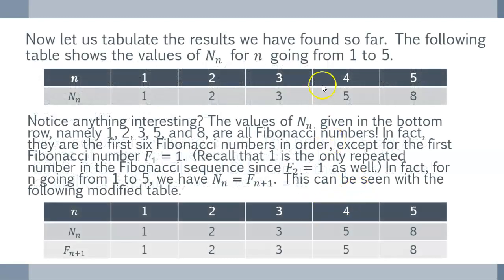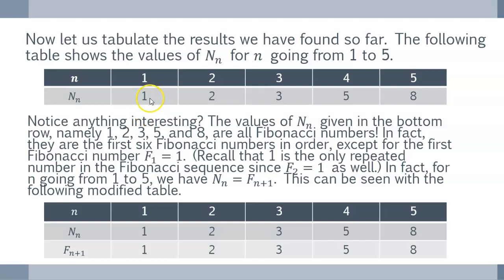Okay, I don't know if you noticed a pattern here, but I'm going to illustrate it right here. There's something interesting about capital N sub little n. It turns out these numbers are 1, 2, 3, 5, 8. Those are Fibonacci numbers, but they don't start at the beginning of the sequence. Remember I told you that the Fibonacci sequence starts with 2 ones, so F1 and F2 are both equal to 1. So we really have to shift the Fibonacci sequence by 1 index.